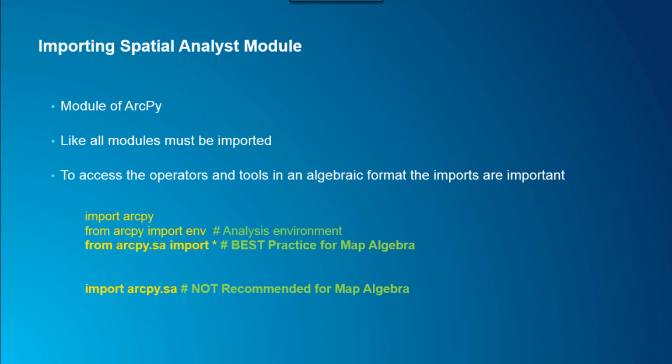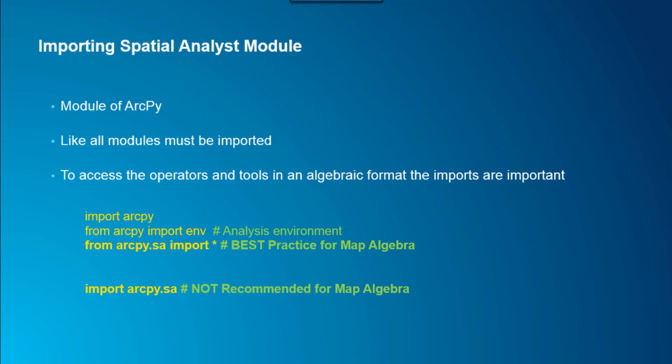In order to do all this, the very first thing is you have to import a module. In Python, you have lots of modules and packages. In our ArcPy package, we have a module that is our Spatial Analyst module, right? Like every module, it has to be imported. Now, we don't want you to import in any way you like.